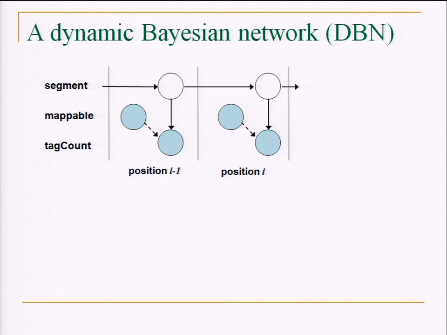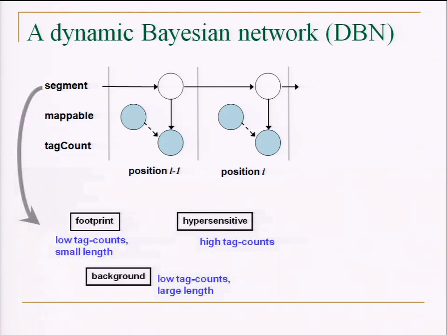This node is the tag count, representing how many cleavage tags are observed at this position, and the purple node shows whether this position is mappable. The other variable represents the state of this particular position, and this is what we want to infer from our data.